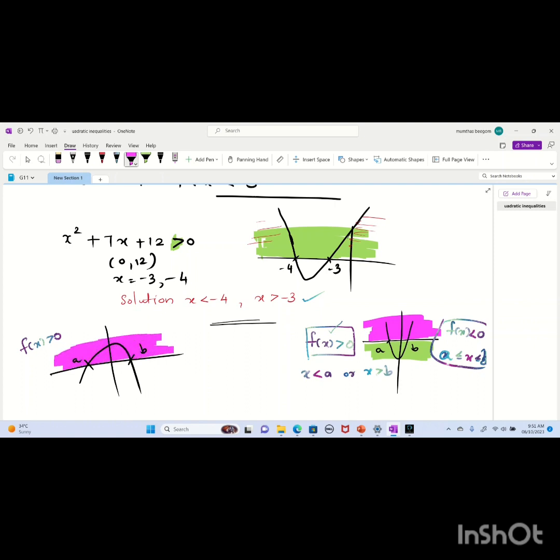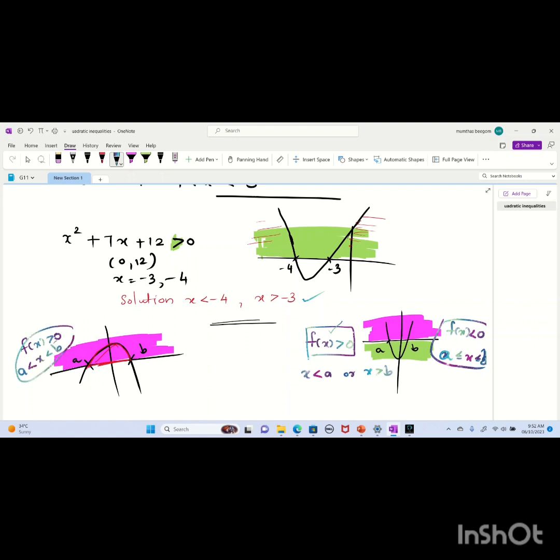But greater than 0 happens for this much part. See, this part only has greater than 0. In the greater than 0 part, we have this part of the curve. And this part happens for the x values between A and B. So the solution will be A less than x less than B.